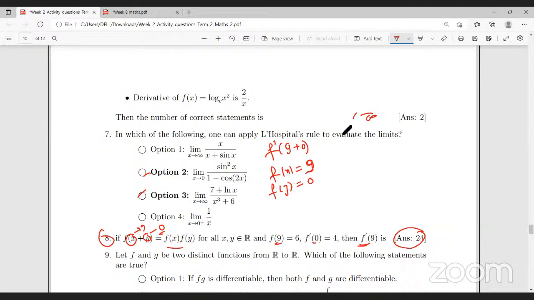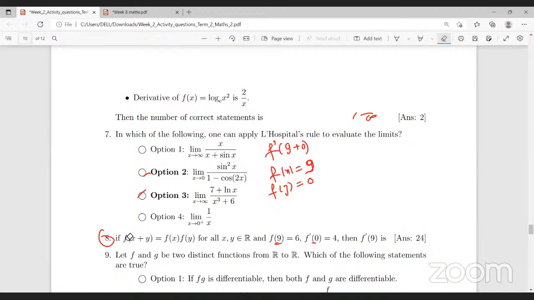Sir, can you explain this again, this entire question 8, like how to start, just the starting point? Okay. We are given f of x plus y equals f of x into f of y for all values, right? Yes. We are given f of 9 is 6 and f dash of 0 is 4. So by looking at this, I can consider x equals 9 and y equals 0.